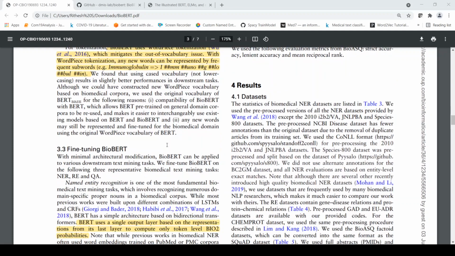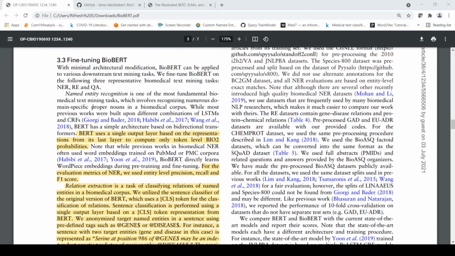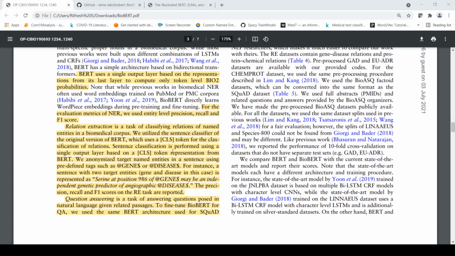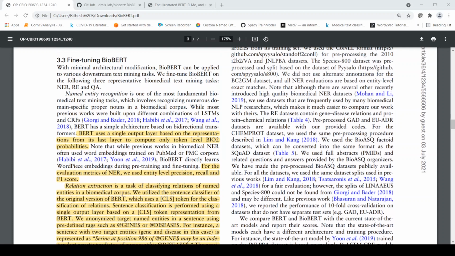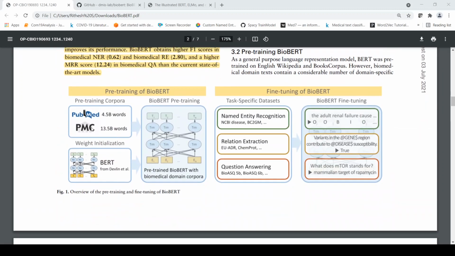So to fine tune BioBERT, they looked at downstream tasks like named entity recognition, relation extraction and question answering. For named entity recognition, all they used is that BERT uses a single output layer based on the representation from its last layer to compute token level probabilities. So what is done is that you are pre-training a BERT model, which has been pre-trained on Wiki corpus and books corpus, on the biomedical text.